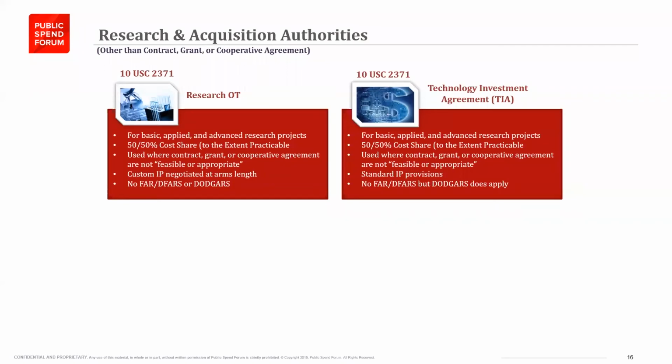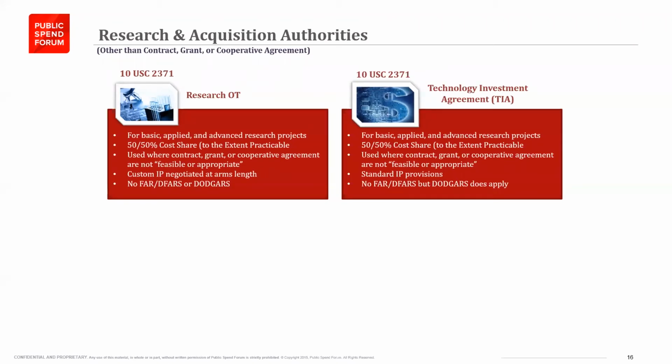But for research OTs, the rules are very simple. The research OTs are set out for basic, applied, and advanced research. There's a 50-50 cost share requirement to the extent practicable. Notice that is not to the maximum extent practicable. In my experience, very little cost sharing is done in the research OT arena because it's simply not practicable.